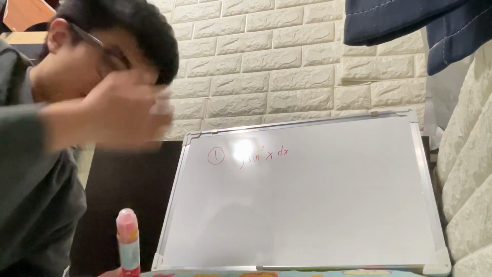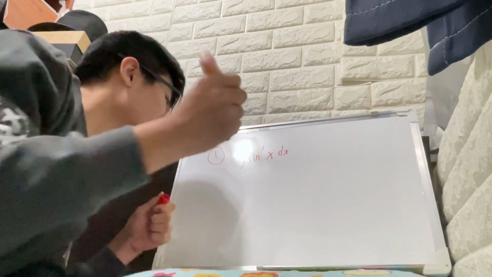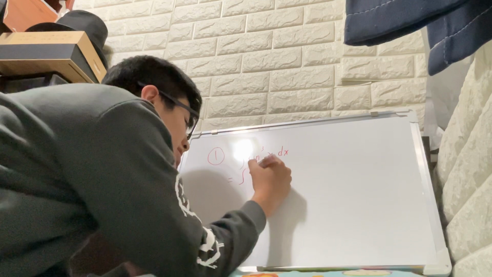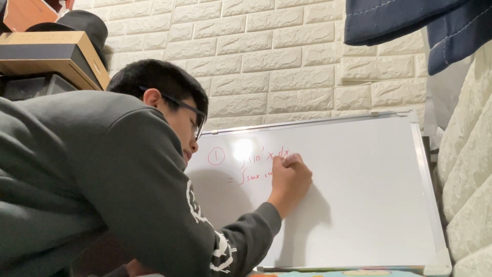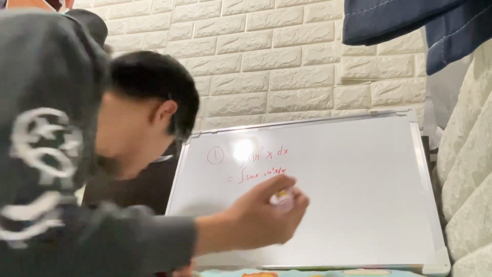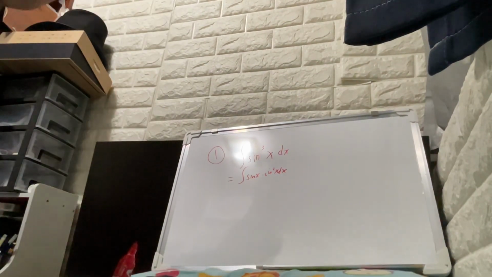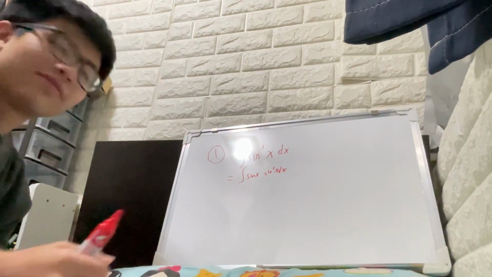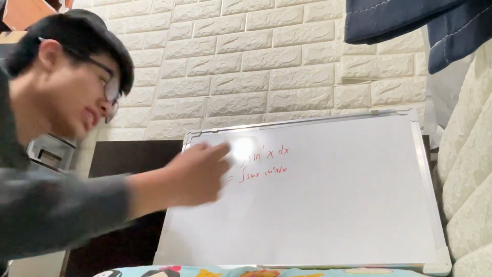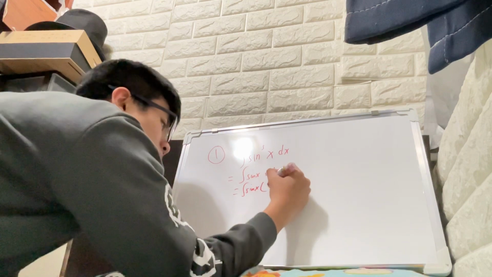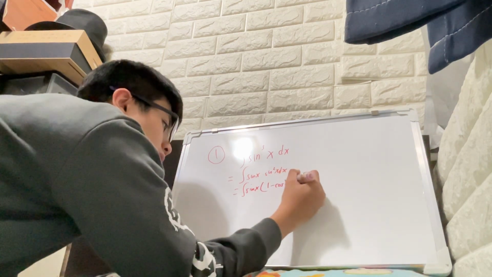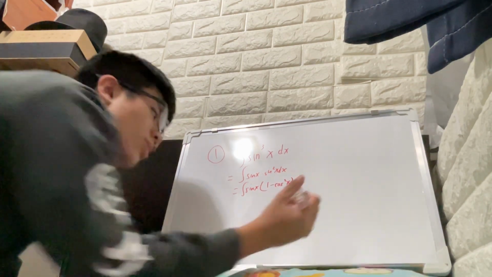The first thing we're going to do is write this as sine x times sine squared x dx. Then let's convert sine squared x into 1 minus cosine squared x.